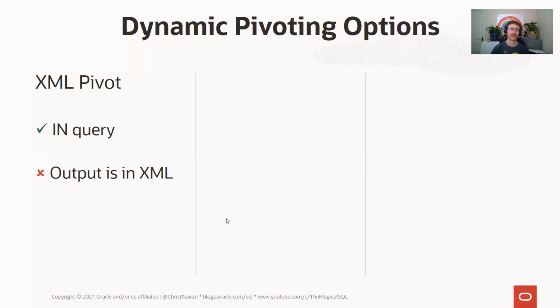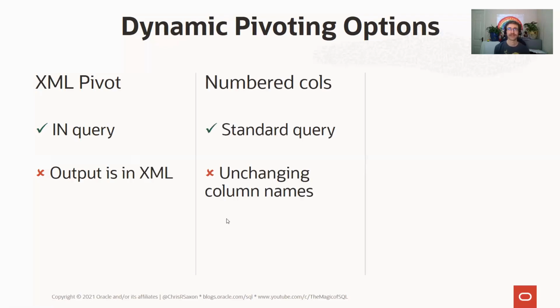Well, instead of an XML pivot, what you could do is come up with fixed columns, or I call them numbered columns. So in your subquery, if you can assign row numbers to the source data, then use those row numbers in the output. For example, as I said, one of the most common reasons for pivoting is taking date values and turning them into columns per week, per month, per year.